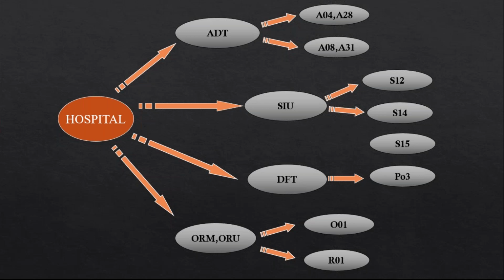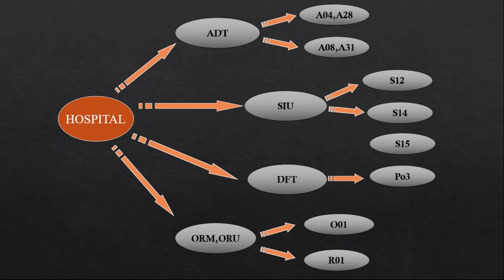Okay. So once we understand these things, as and when you encounter other message types in your real-time experience, you can easily understand them and relate them. Understanding these basic events and message types covers the entire workflow of the hospital.